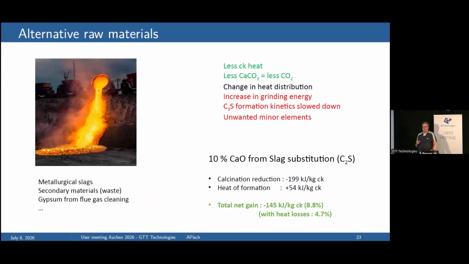Vanadium oxide also has a problem: it has a low melting point and attacks the refractories in the kiln. But let's assume it works out fine. If you replace 10% of the calcium from the limestone with calcium from the slag, you already win almost 9% theoretically, which means 4.5% if you take into account heat losses in the process. So again, interesting, but needs further study.